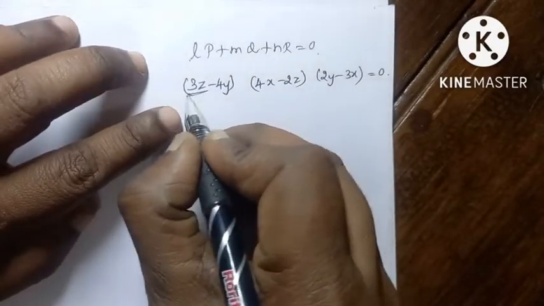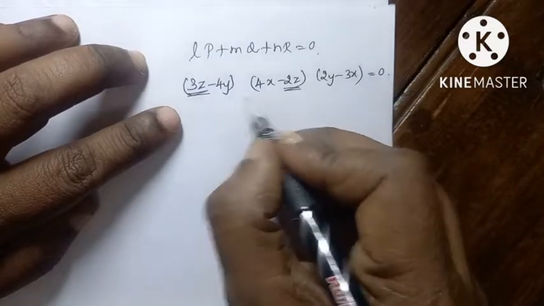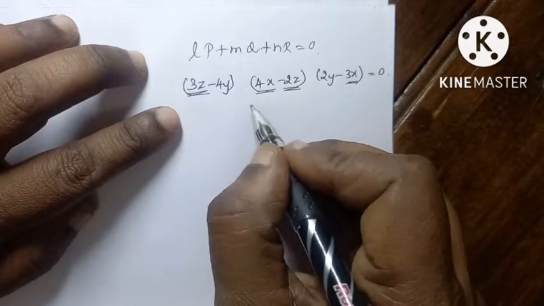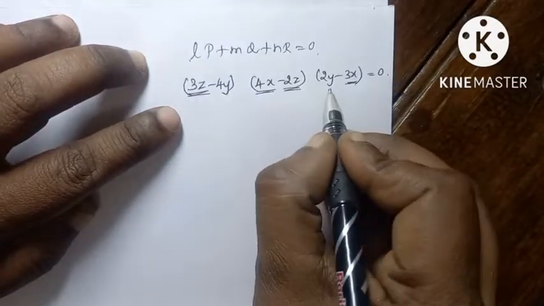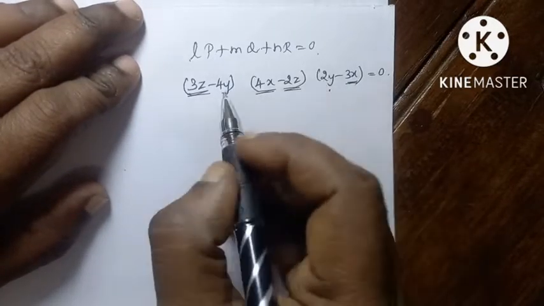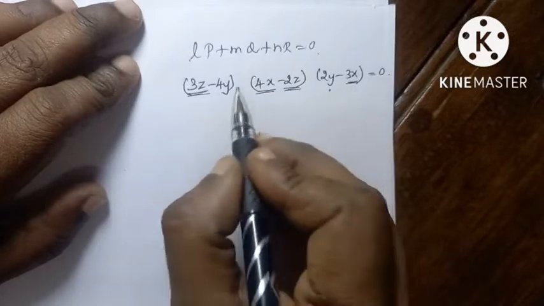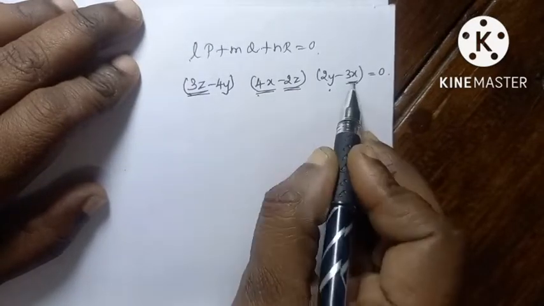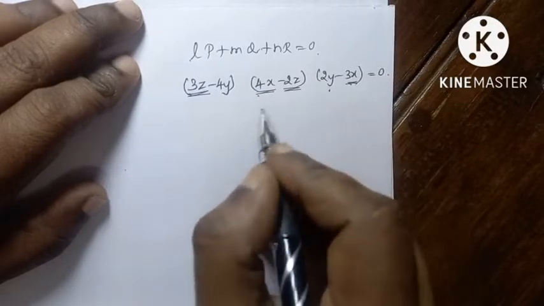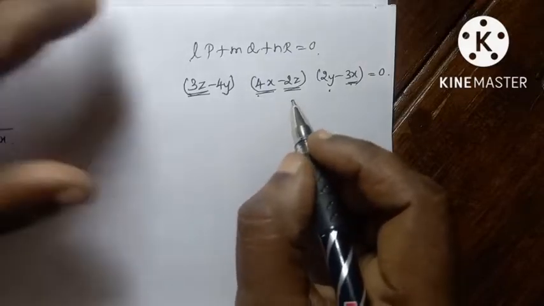I have here 3z, I have here 2z. I have here 3x, I have here 4x. I have here 4y, here 2y, which is the clue to find multipliers. Can you guess?